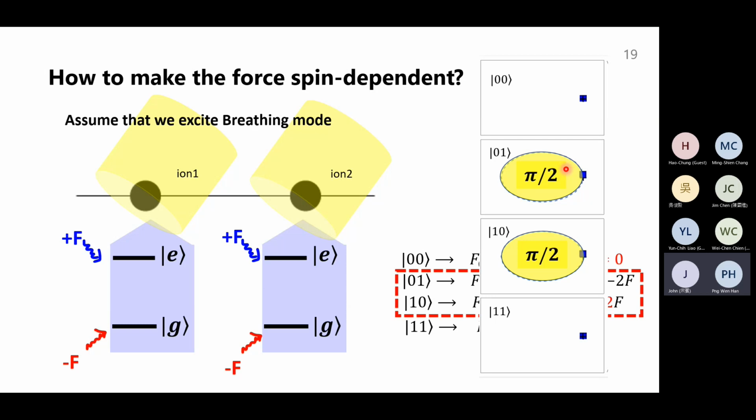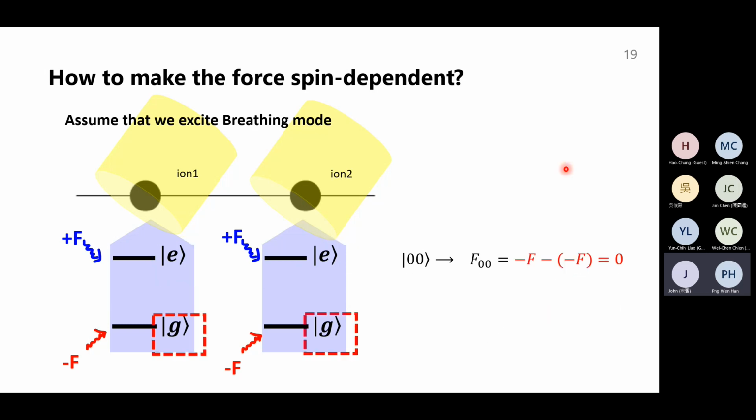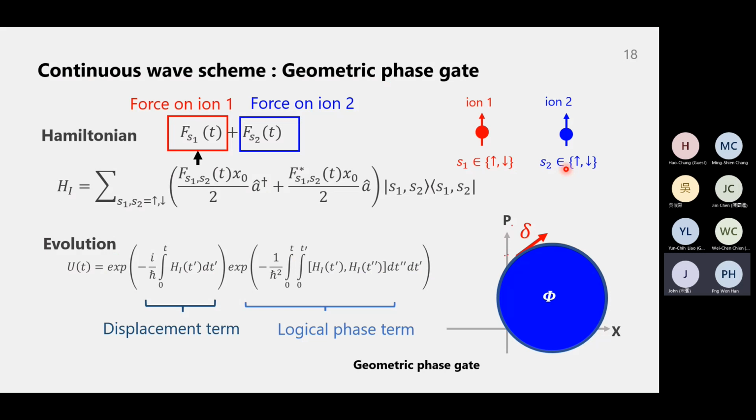So the phase actually comes from the forces right here. When you're expanding to the second order, these forces do not commute because of the bosonic operators. They do not commute at different times. So this gives rise to the phase. But if your force F is 0, which means we won't have any non-commuting term for that specific spin configuration.